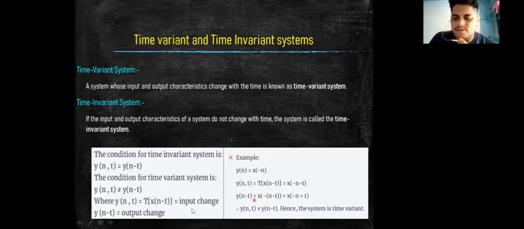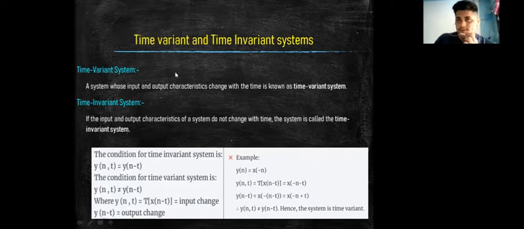So let's check. x(minus n minus t) is equal to x(minus t), but this minus minus sign becomes plus. And hence y(n, t) is not equal to y(n minus t). Hence the system is time variant, not invariant. So this was the time variant and time invariant systems.